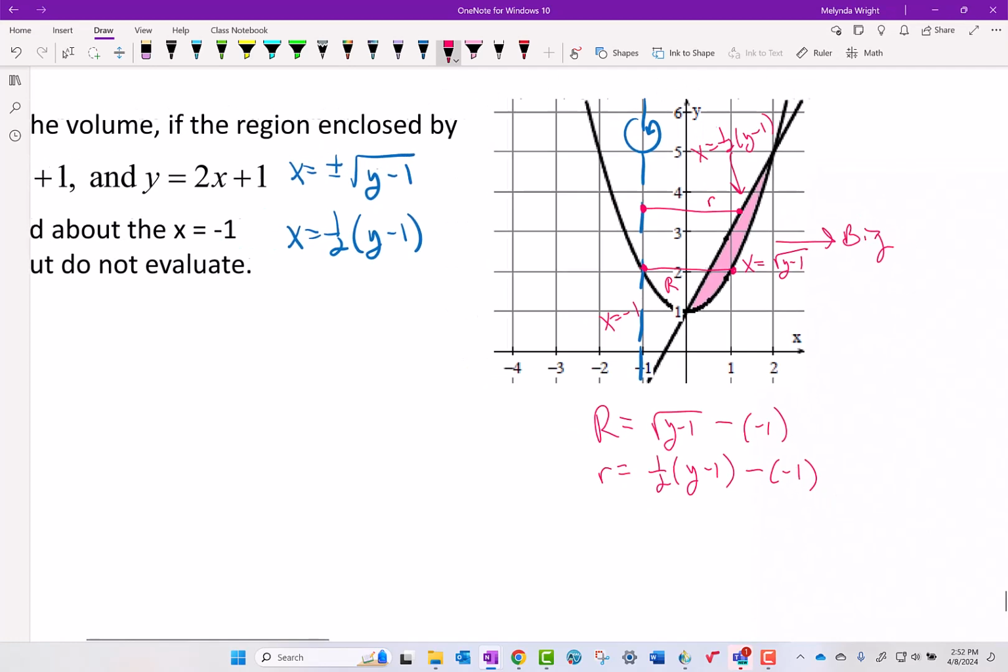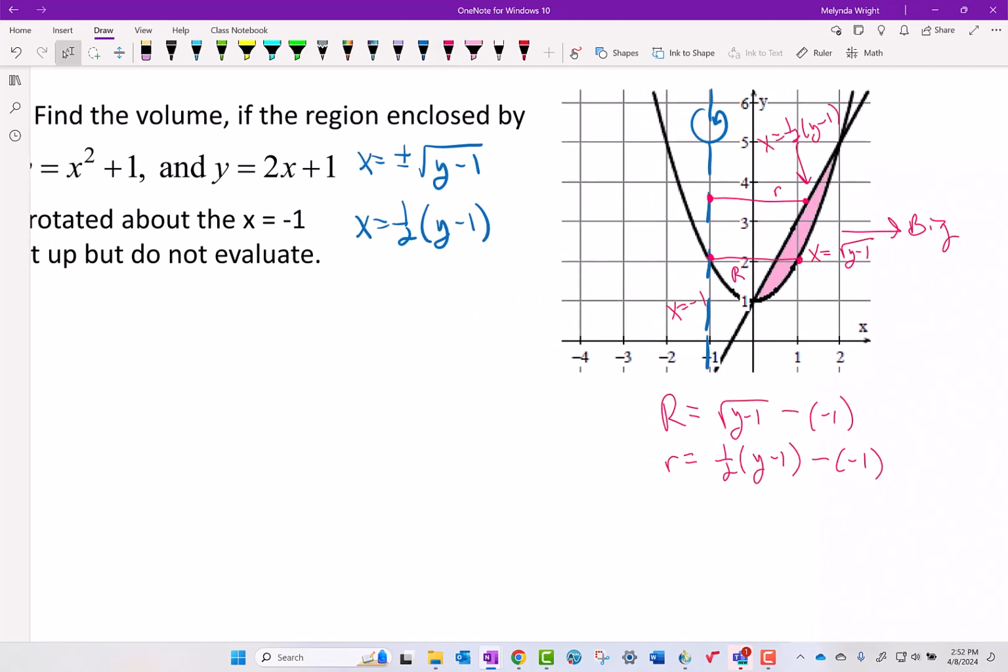Okay. So this is another one where they just want us to set up and not put it in our calculator. So pi integral, our y bounds, the smallest y is 1 and the biggest one is 5. Big R is the square root of y minus 1, minus a minus 1, which means plus 1, so I probably would just go ahead and do that.